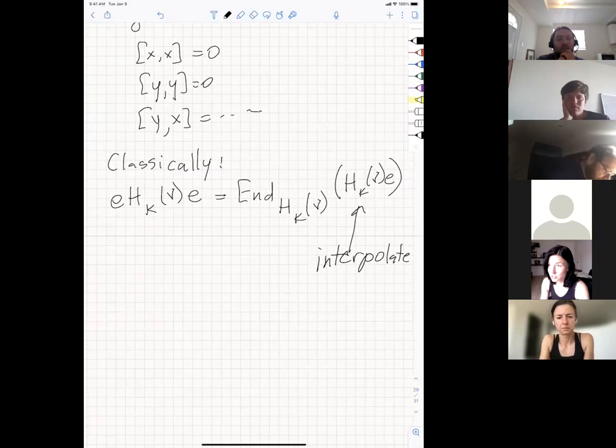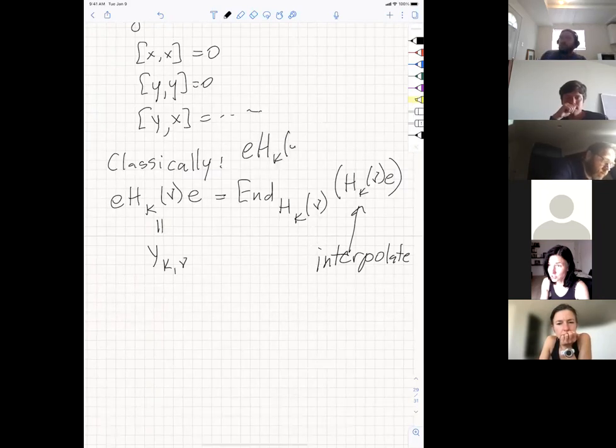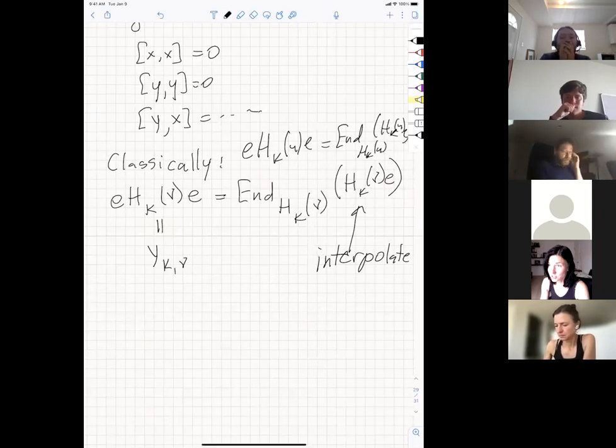So you look at endomorphisms. So classically, this is true for finite n: eH_k(n)e equals endomorphisms of H_k(n) over H_k(n)e. And we interpolate that definition, and this will give you another way to define this Y.